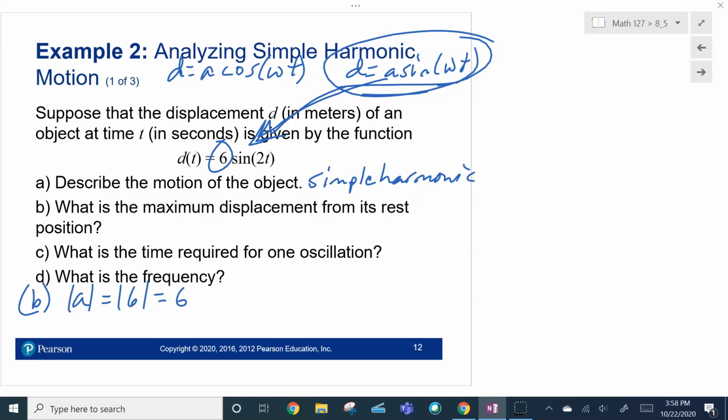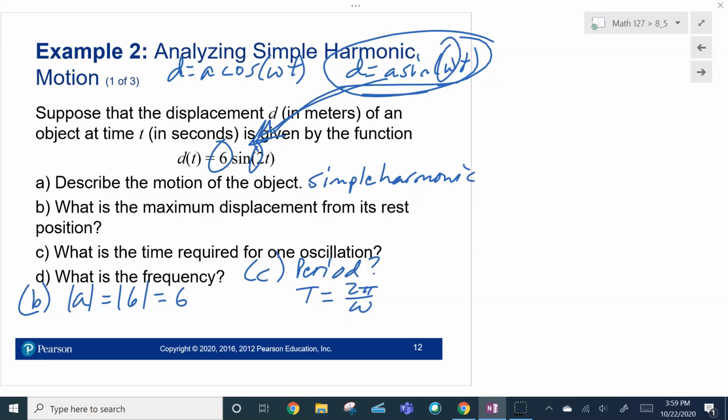What's the time required for one oscillation? Well, that's our period. Remember, the period is in seconds per oscillation. So part C, what's the period, the time required for one oscillation? Period is 2 pi over omega.